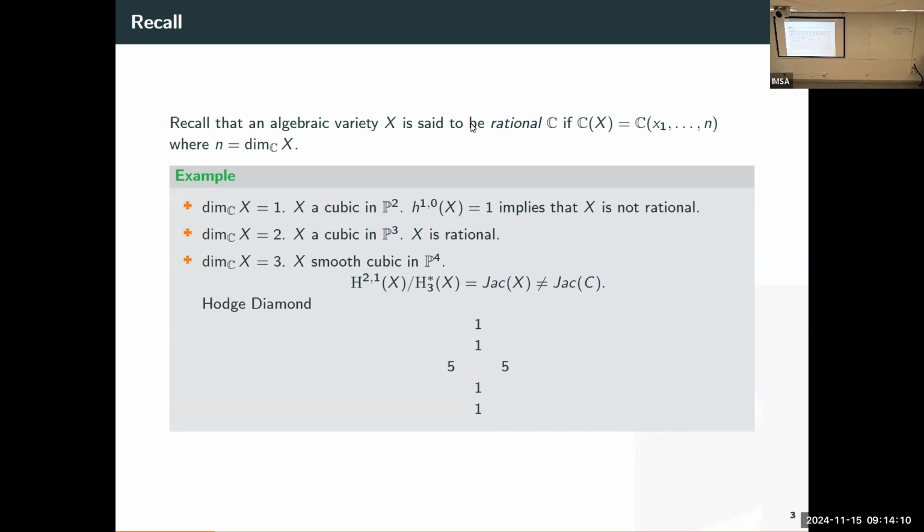Doesn't seem to be around, but what they did together with Clemens is they looked at some also homological obstructions. This is the so-called intermediate Jacobian, which is an abelian variety.